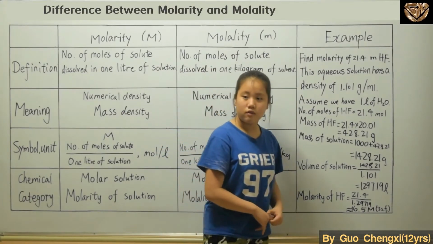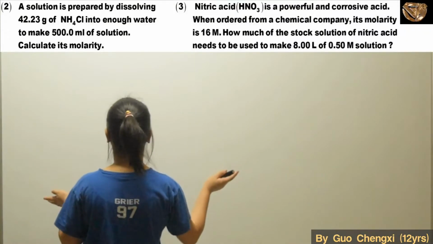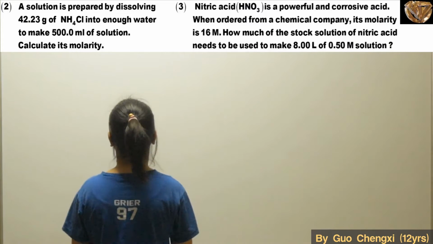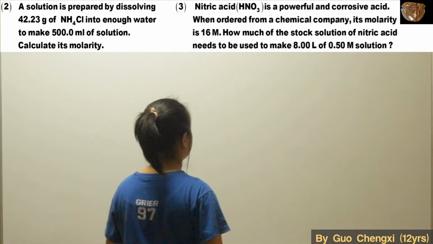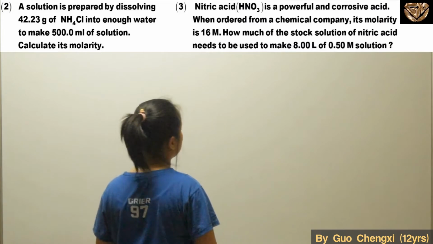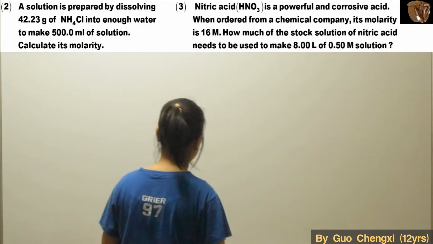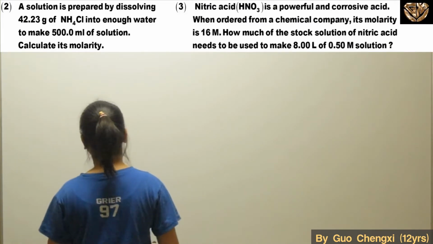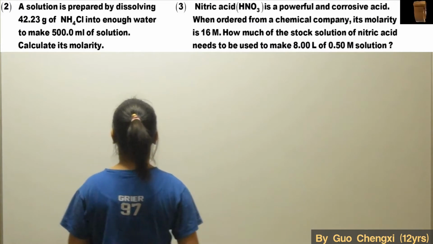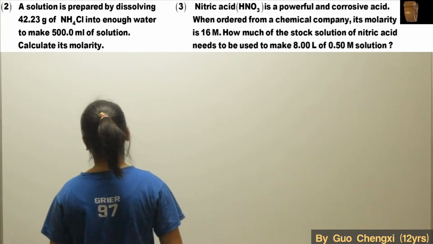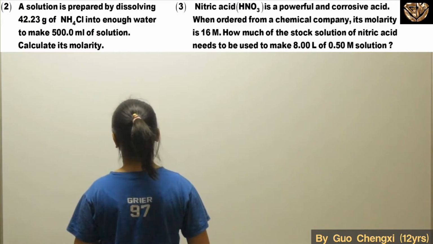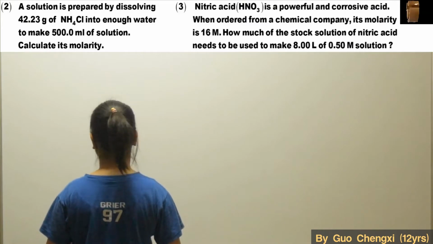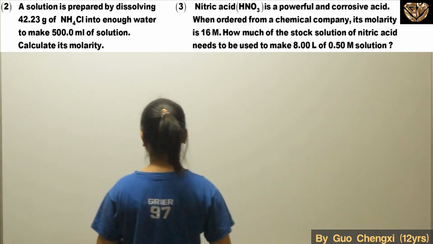Over here we have 2 questions. Before that, for the previous example, we were mainly just solving for the conversion between the molarity and the molality. Now, back to example 2. We have a solution prepared by dissolving 42.23 grams of ammonium chloride into enough water to make 500 milliliters of solution, and we're supposed to calculate its molarity.